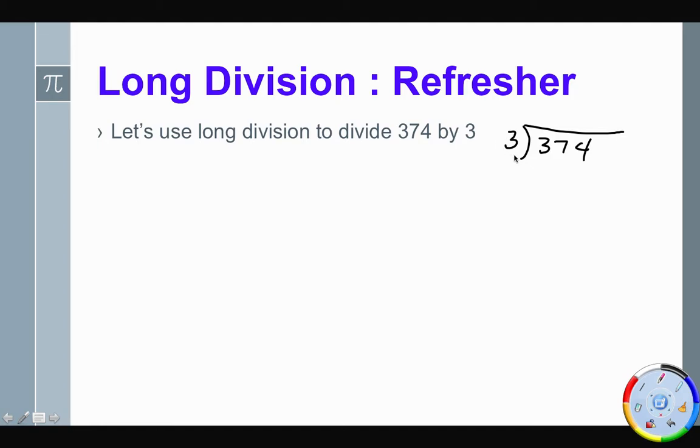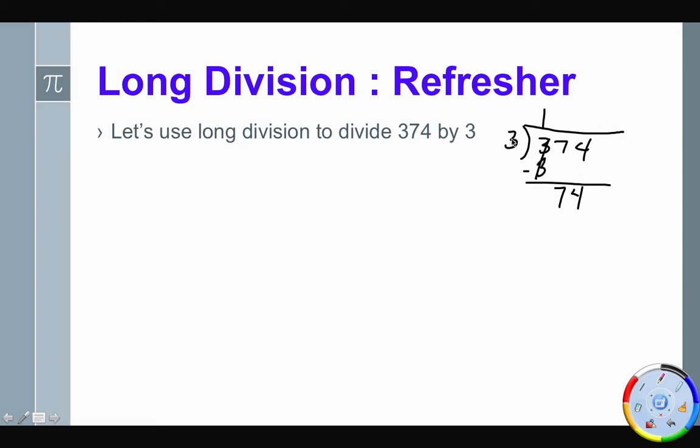And here's what you would do. You'd say, okay, how many times does 3 go into 300? Or really, you always ask, how many times does 3 go into 3? 3 goes into 3 one time, and then you did 3 times 1 and got 3, and you subtracted straight down. When you subtract, you get 3 minus 3, which is 0, and you bring down the next number. Actually, you bring down all the numbers.